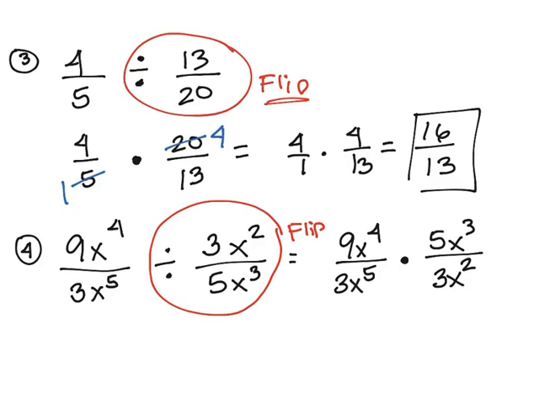I'll reduce top and bottom. 3 will go into itself one time, but it will go into 9 3 times, okay? Now, I'm going to rewrite it. That's going to give us 3x to the 4th over x to the 5th times 5x to the 3rd over 3x squared.